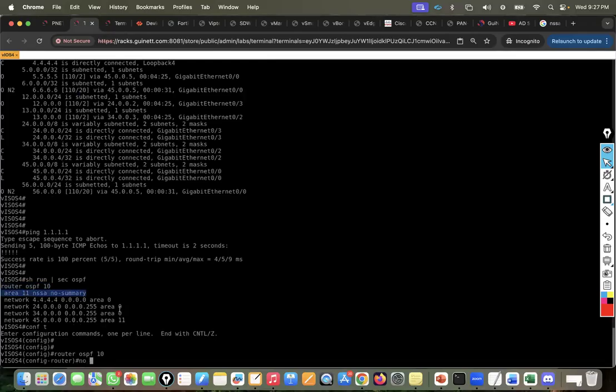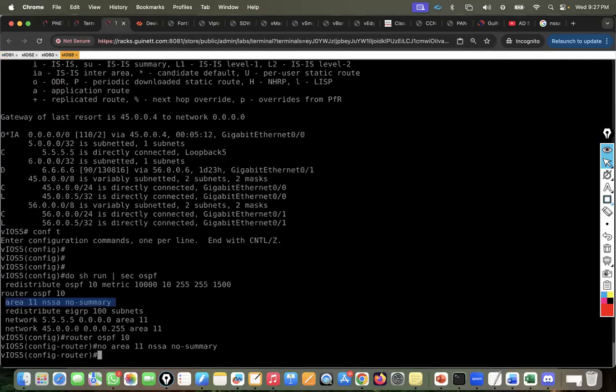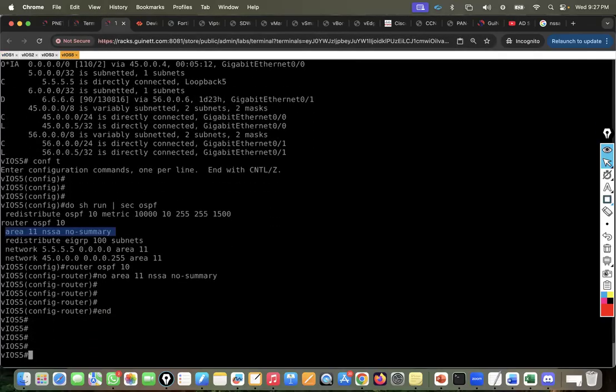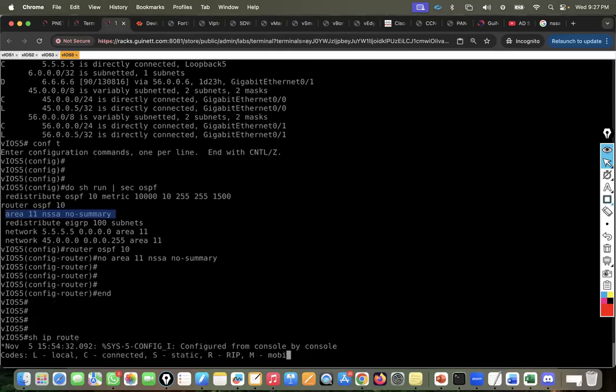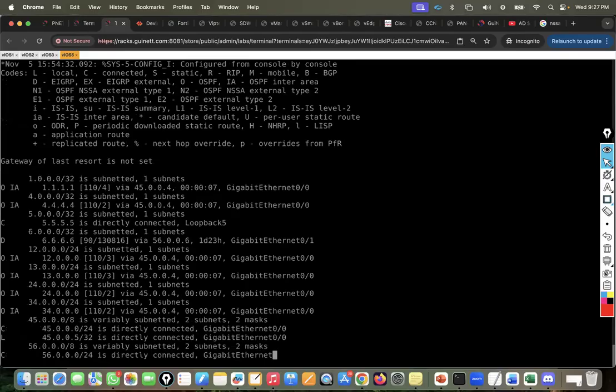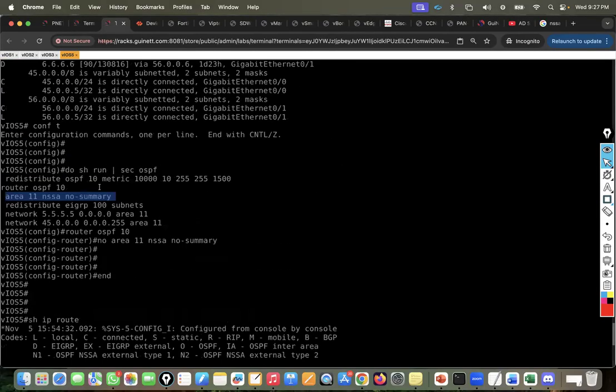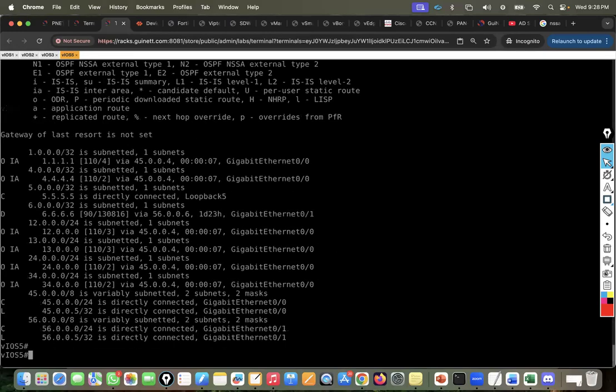When you remove this command, there was no problem with the neighborship. I only removed the no-summary keyword, because if I remove the whole configuration I have to run the command two times.